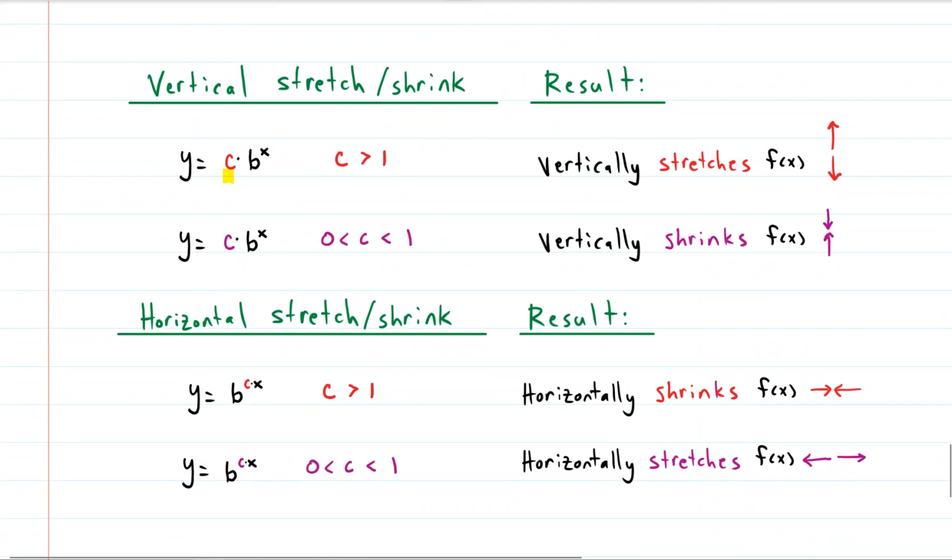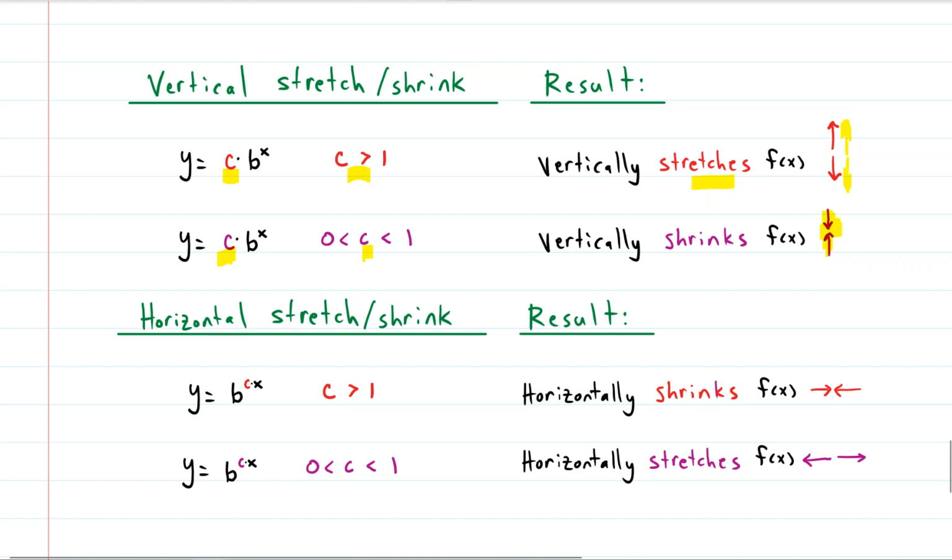If you multiply by a constant on the outside and that constant's bigger than 1, then you are stretching it vertically, meaning you're pushing it away from the x-axis, stretching it up and pulling it down. If that constant that you're multiplying out in front is between 0 and 1, then you're shrinking it, meaning you're pushing it towards the x-axis from above and below.